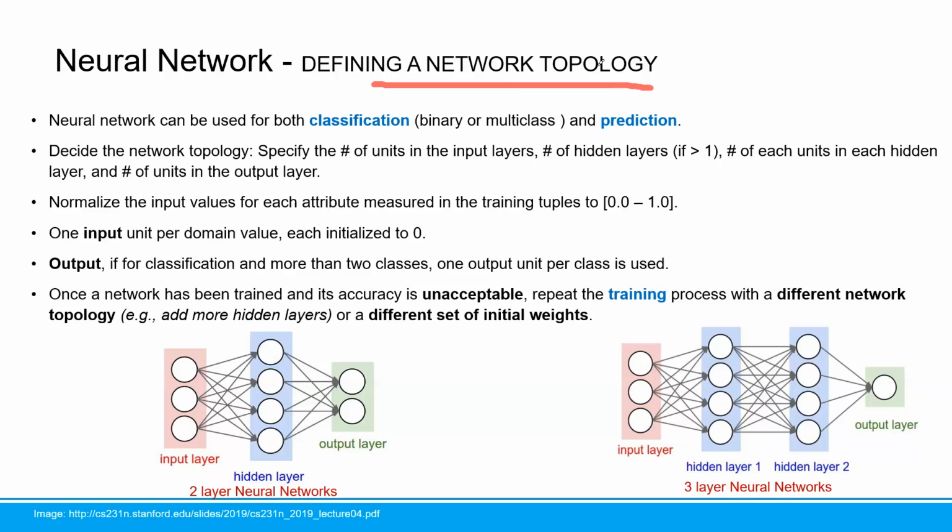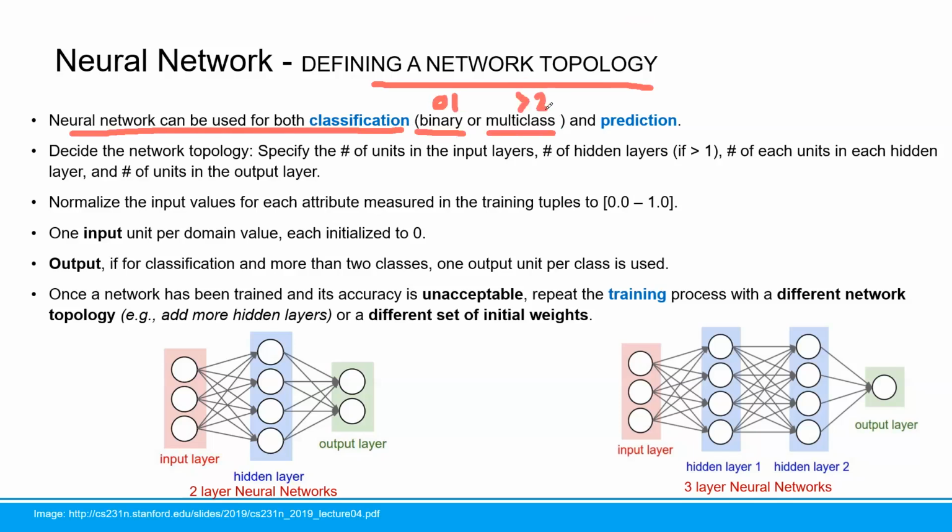When we deal with the network topology, it means we need to know what the purpose of the neural network is. The neural network can be used for classification. We know that classification can be binary or multi-class. Binary means 0, 1. Multi-class can be more than 2 classes.